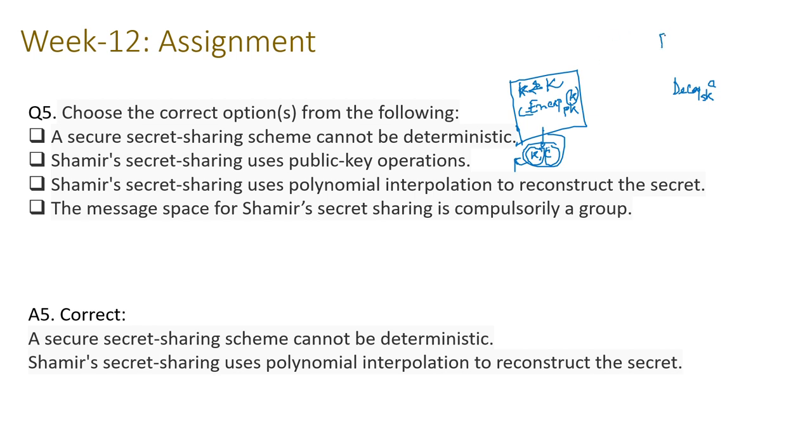PK and SK are the public key and secret key pair. With this, it will have access to key K, and now both parties are agreeing upon this key K.